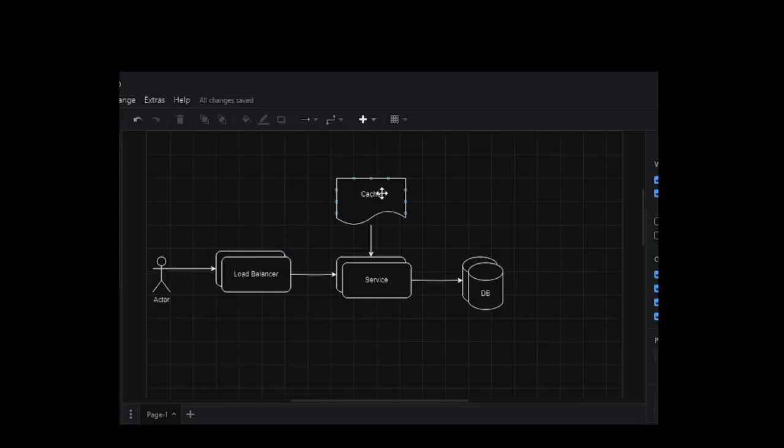For example, here we don't need to replicate the cache anymore, because even if you do not replicate the cache and cache fails, our system will still be available, because instead of taking the data from cache, we can communicate with DB and fetch the same information. Hence, replication of cache is not a mandate to make your system highly available.